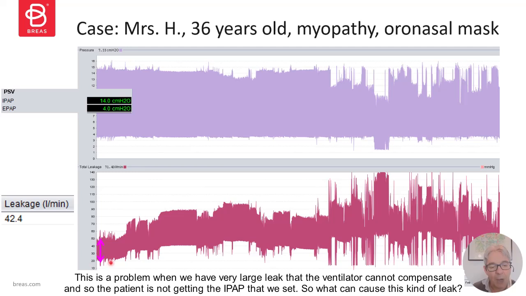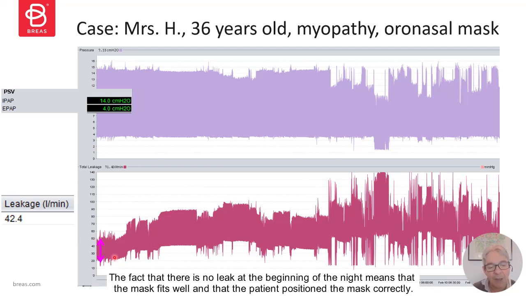So what can cause this kind of leak? The fact that there is no leak at the beginning of the night means that the mask fits well and that the patient positioned the mask correctly.